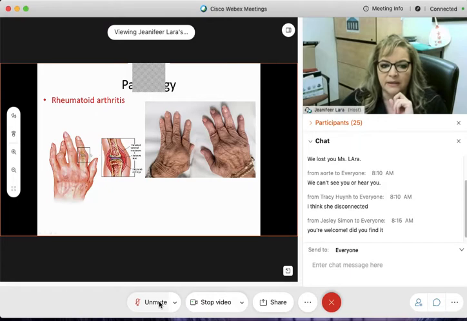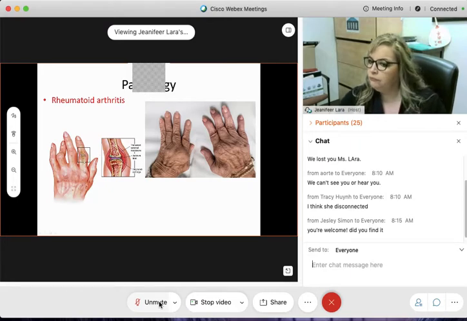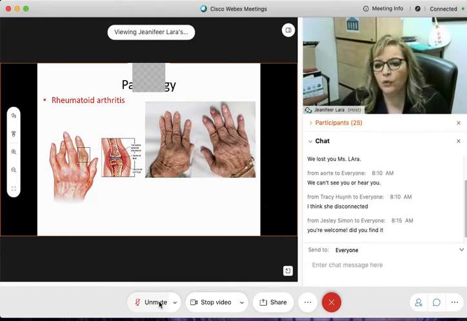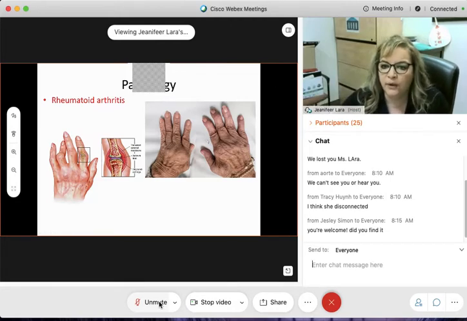Has anyone seen patients coming in with large, very round knuckles? No, not yet. One of the traits of a progressive or chronic onset of rheumatoid arthritis, we call it swanning. There is a swanning of the fingers.